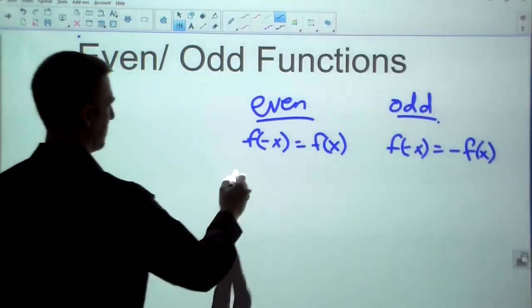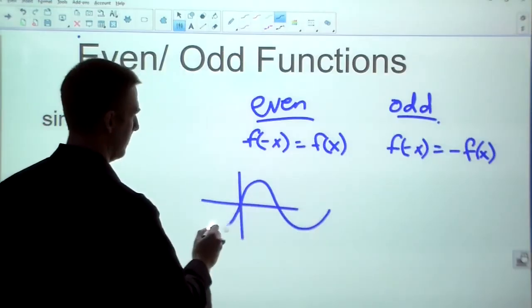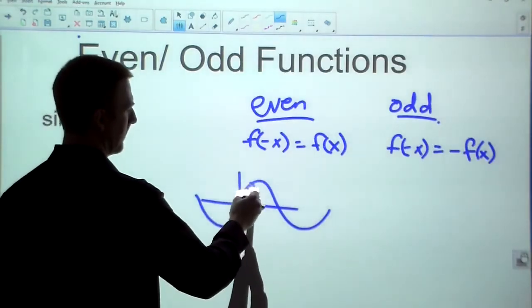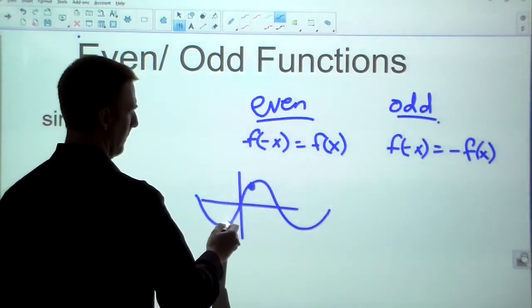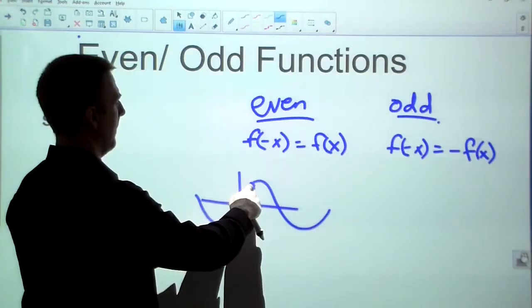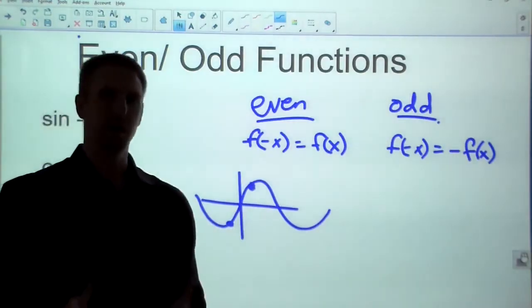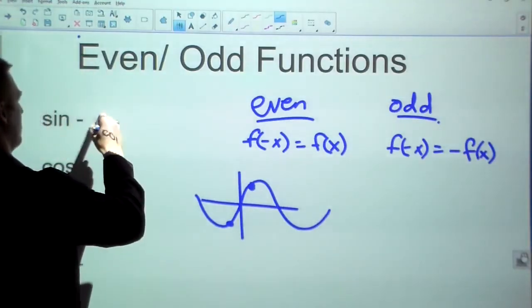So let's take a look at the sine graph. The sine looks something like this. If I pick any x value and look at the y, and then pick the opposite x value, the y is going to be the exact opposite. Now we could test some points and verify that completely, but the sine function is going to be an odd function.